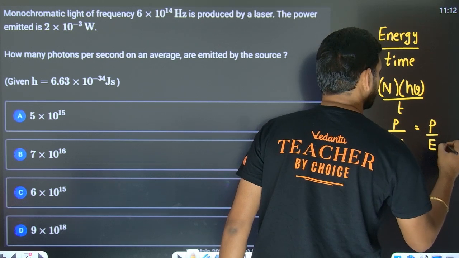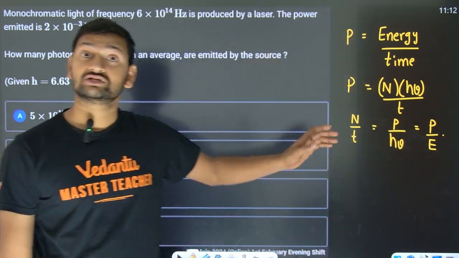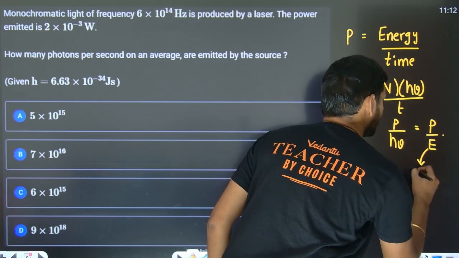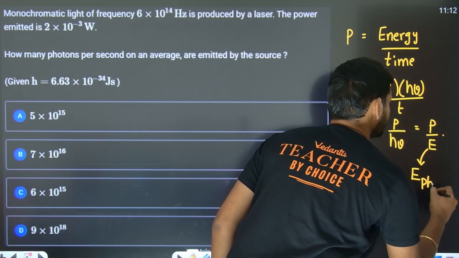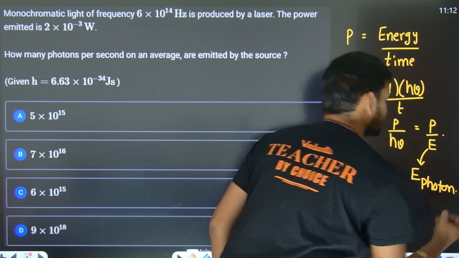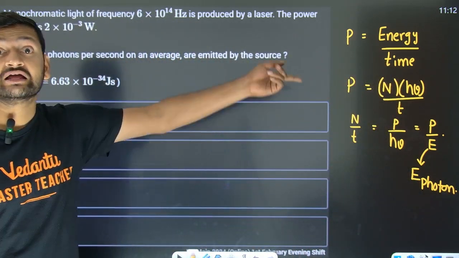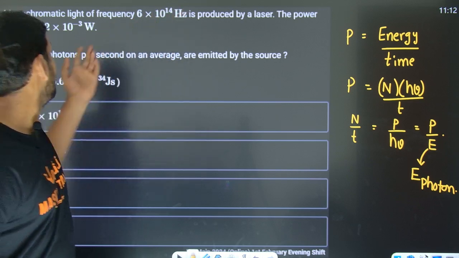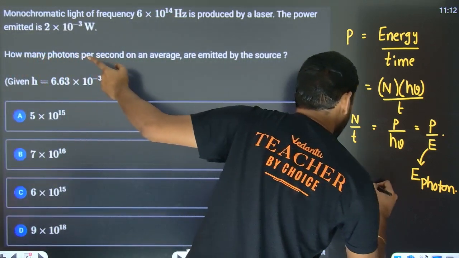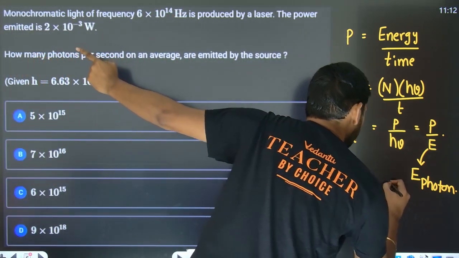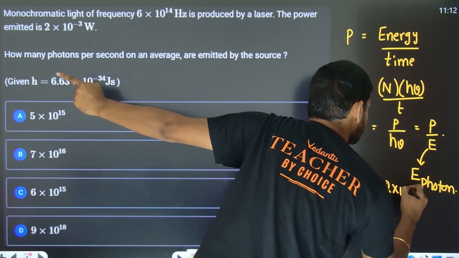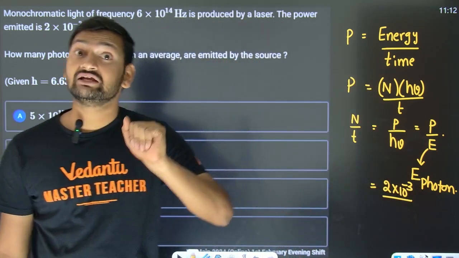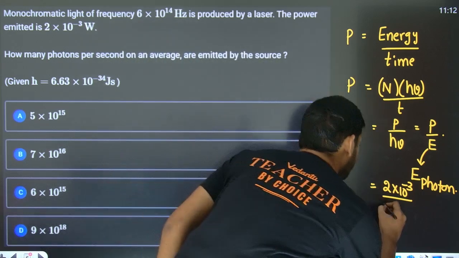Many times you are going to come across questions where power will be given. And what is this E? Energy of each photon, not the total energy. So power divided by the energy is going to give you N by T. The power is given as 2 into 10 to the power minus 3 divided by... they gave the frequency but not the energy of the photon, so we can write h mu.